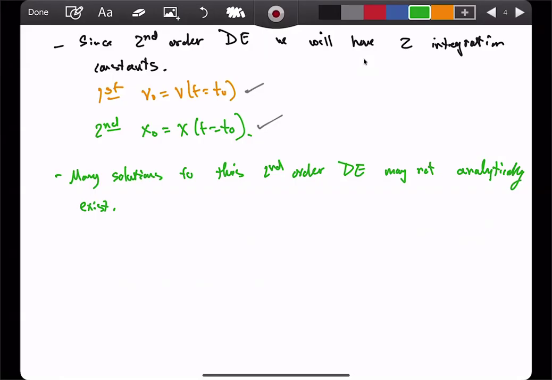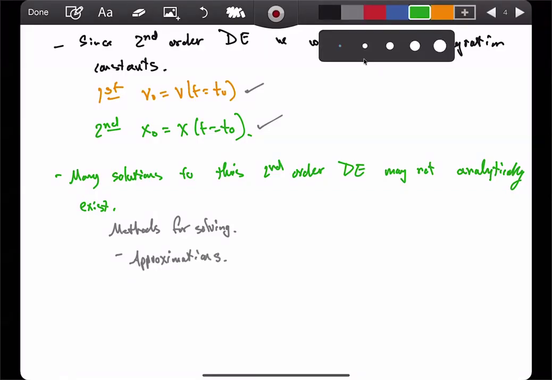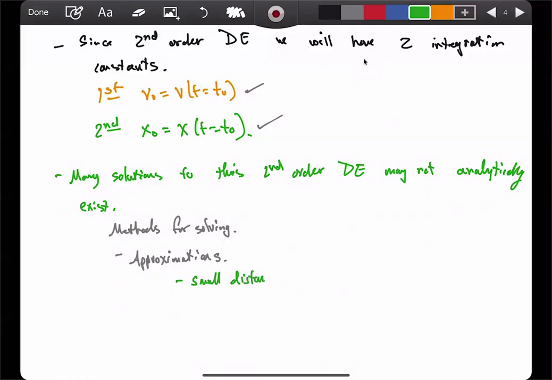So in those cases, we have different ways we can actually solve this. So, methods for solving. One is to do approximations. When I say approximations in this case, I mean things like looking close to a source, for example. So we're going to look at small distances and find what the solution looks like at small distances.